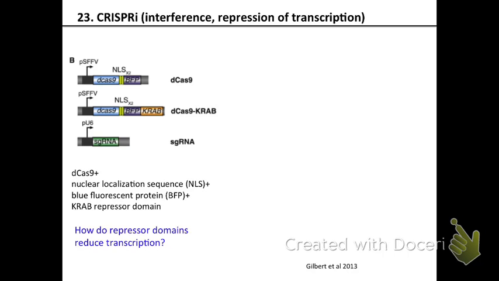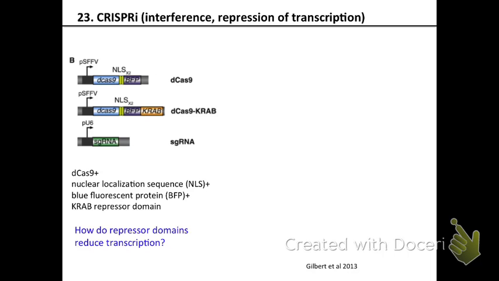Normally, the repressor domains are targeted to a specific site in the genome because they're part of transcription factors that contain DNA binding domains. The repressor proteins have DNA binding domains and a repressor domain, and that's how they're targeting different sites in the genome. This time, we're taking the DNA binding domain and switching it with the dCas9. Now we can take that repressor domain and put it anywhere else in the genome, right?